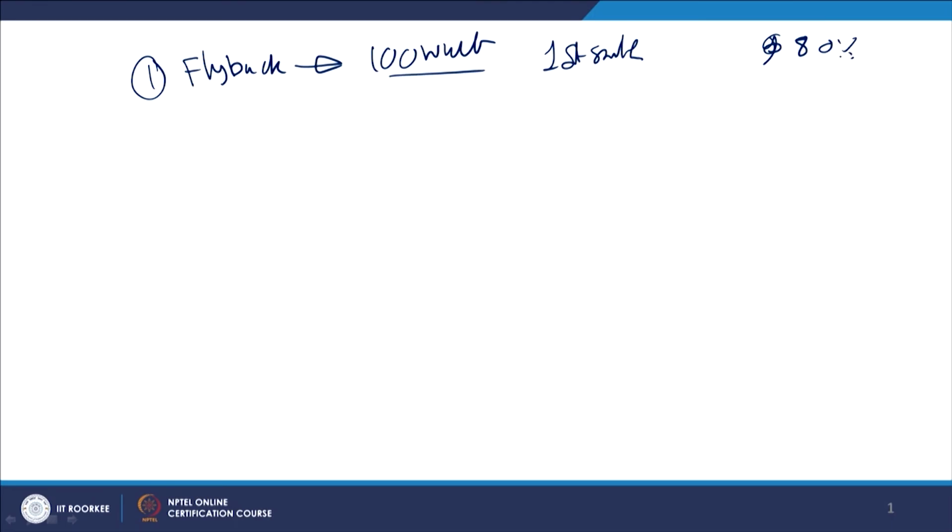So, it is the simplest circuit, it uses one switch, but this is the cost, and power density is less.